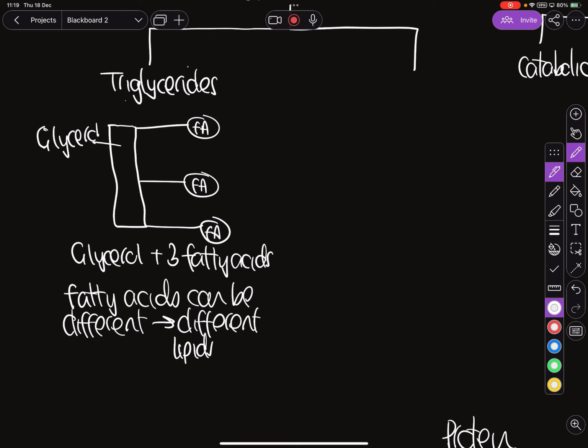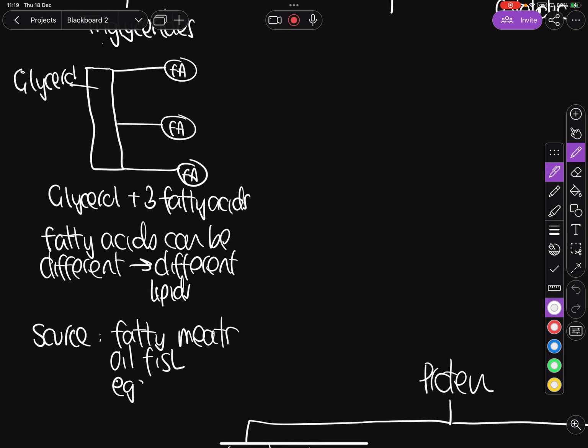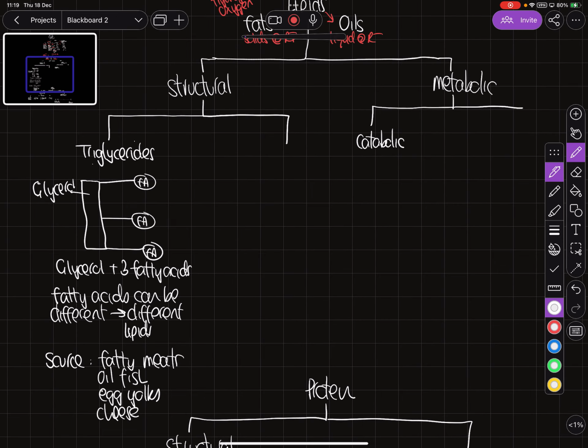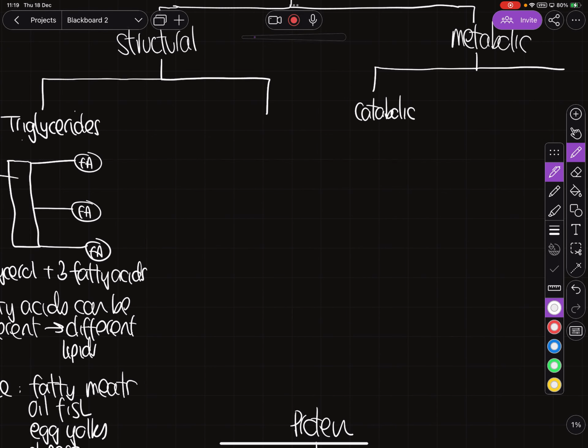Depending on the type of acid, you're going to have a different structure or a different type of fat. So fatty meats, oily fish, avocado, eggs, cheese, they will all have different types of fatty acids in them. So they are triglycerides.